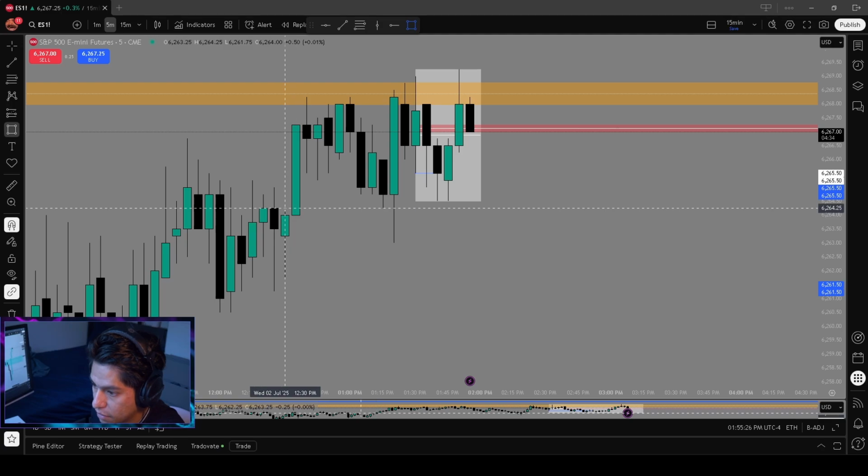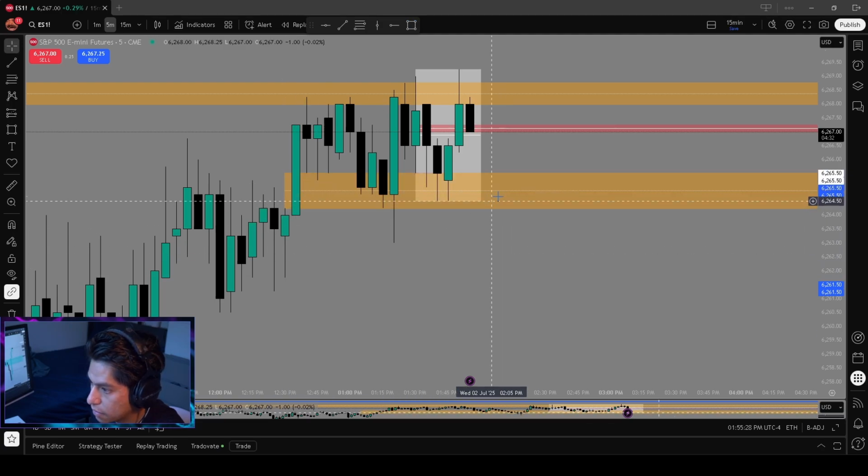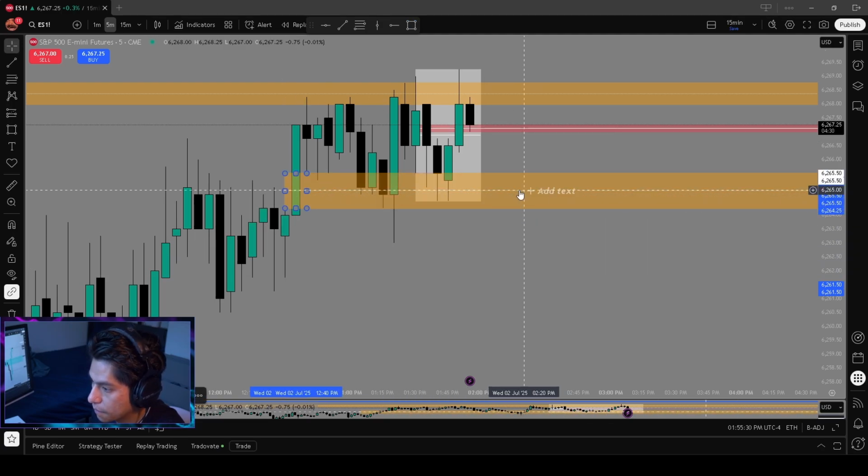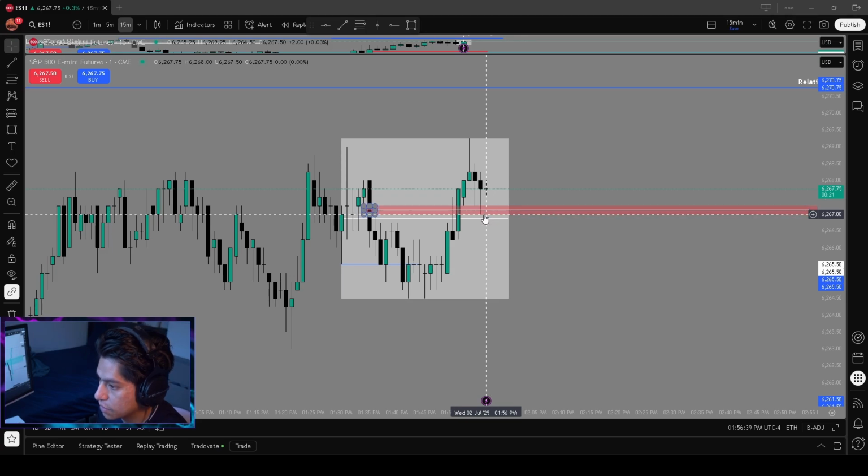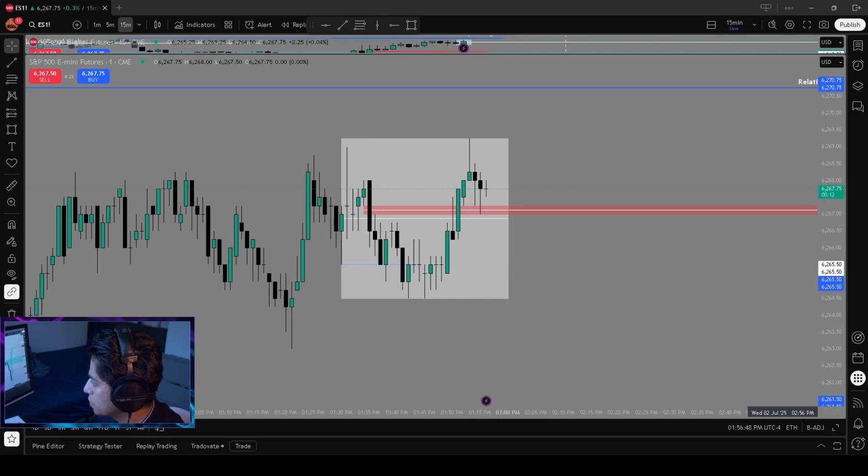So on a 5 minute, we have a fair value gap right here that is respecting. Here it does look like we touched it on the very low, so I do want to see highs taken out. Then on the 4-hour time frame, we don't have any fair value gaps on the downside or on the upside.